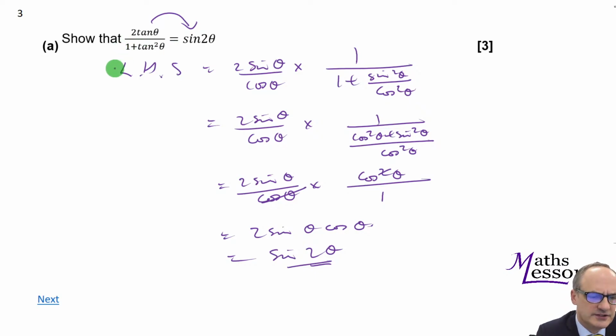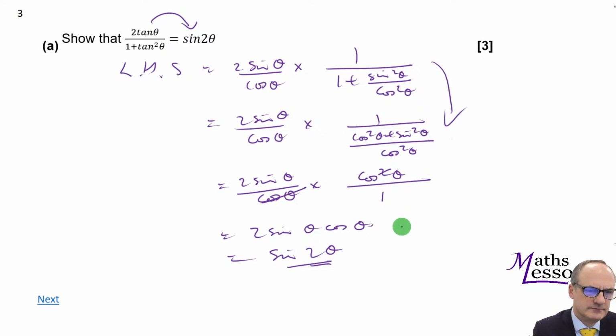I really don't think it's going to make a difference. It doesn't really matter how you do these questions. There's always more than one way to do it. If you found a nice way to do a question, then that is lovely. Generally, I do find if you're going from tans or secs or cosecs or cots into sines and coses, then flipping them into sines and coses early is usually the easiest way to do it. Not always. Okay, I'm quite happy to stand corrected on that.